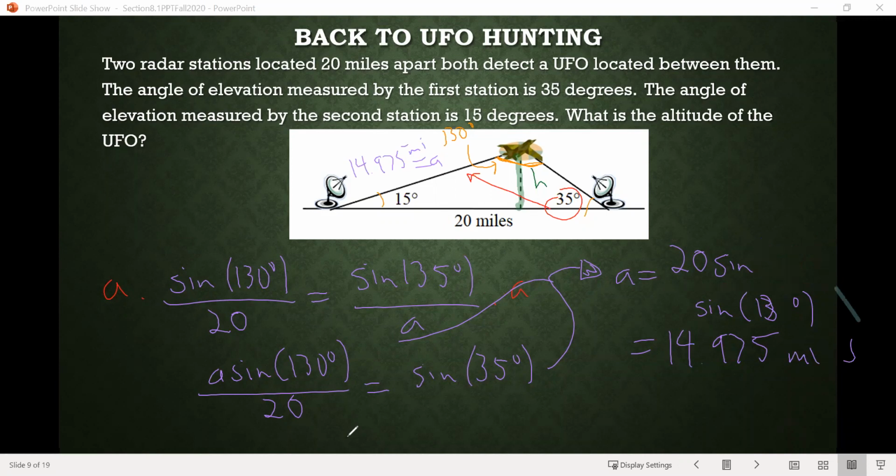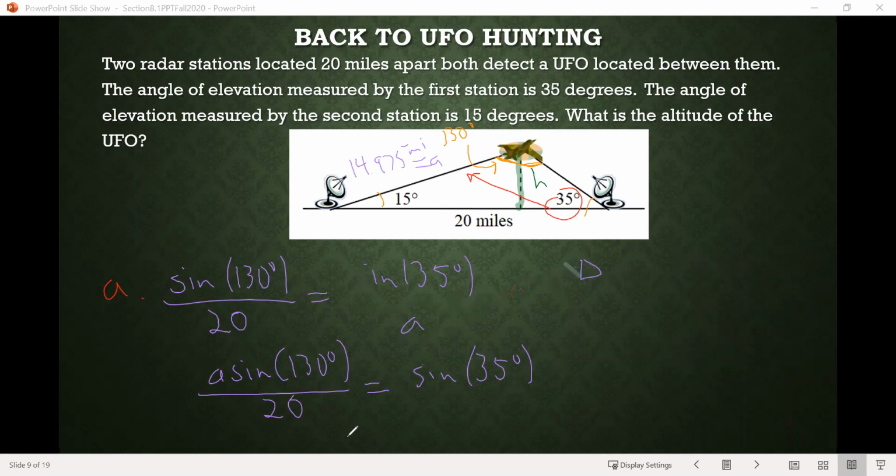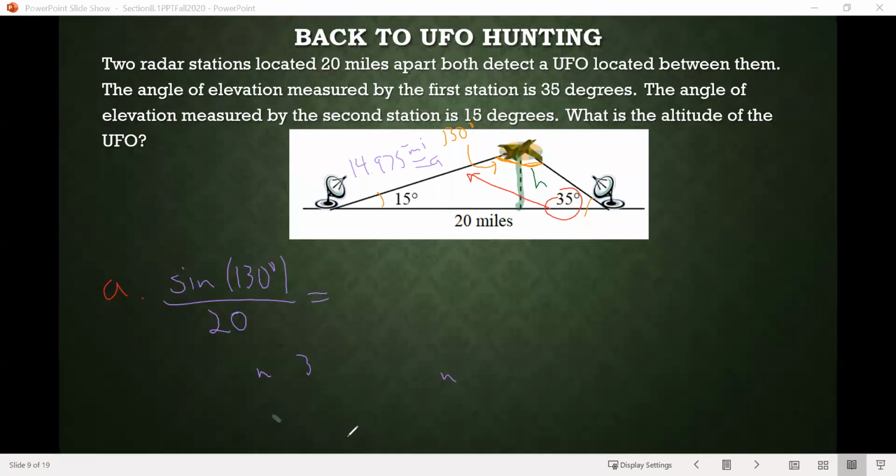Which now will allow us to actually find that altitude, because at this point we can look at that right triangle again that I was just looking at. So this one here.